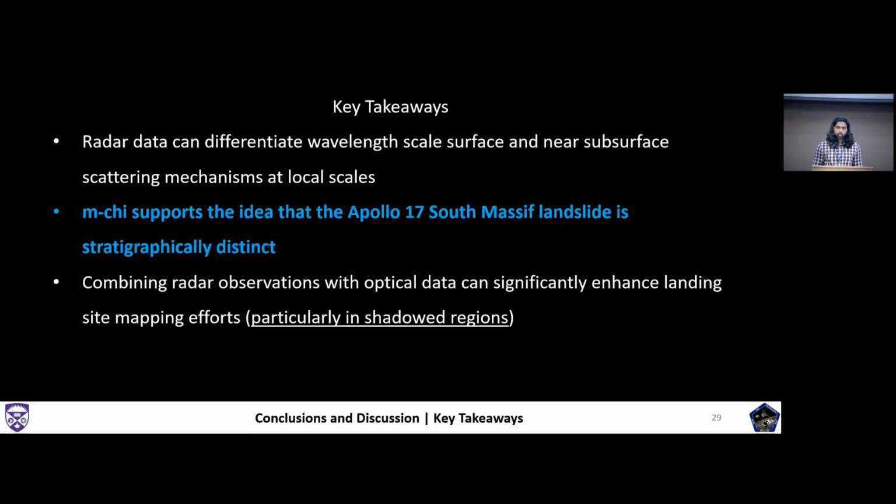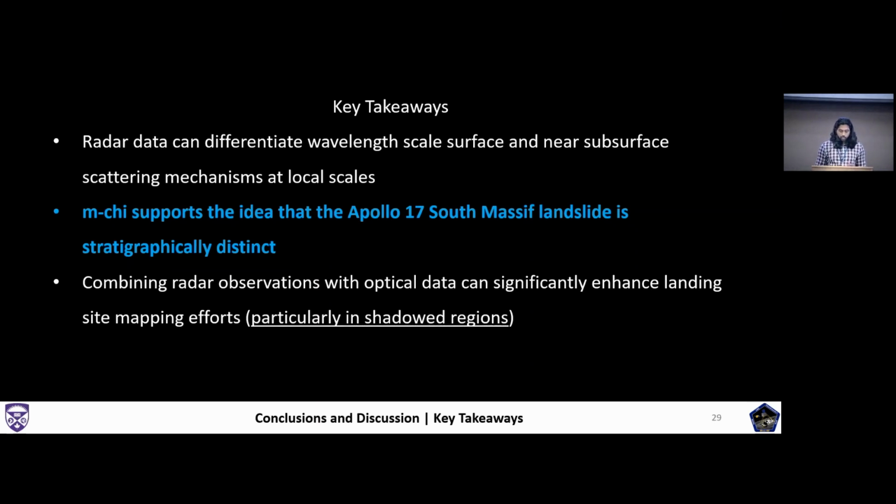This supports results from previous radar studies, particularly the MCI map that I showed you earlier, because this is not something novel that I've identified, but it just adds on to the overwhelming amount of evidence that radar can be used to understand the scattering mechanisms at scales such as landing site scales. And combining radar observations with optical data can significantly enhance landing site mapping efforts. It's almost as if using diverse perspectives contributes to a fuller picture. Who knew?